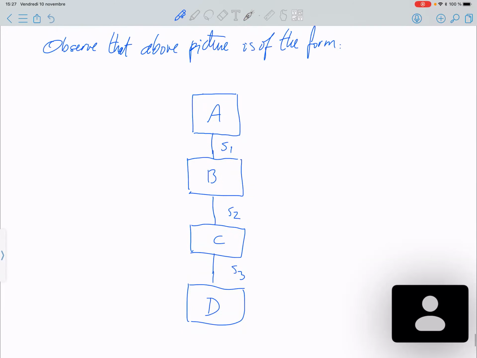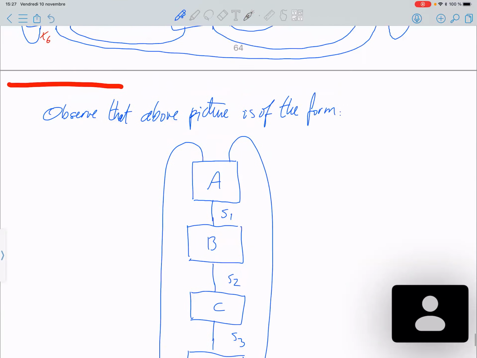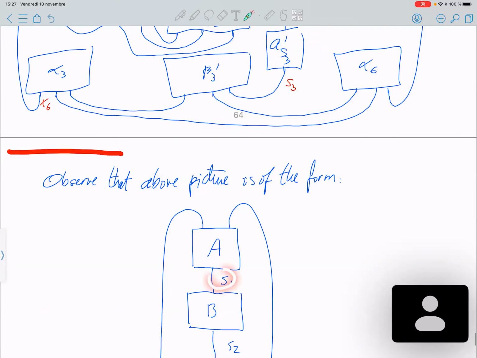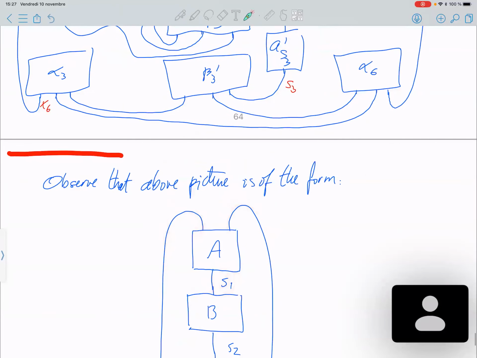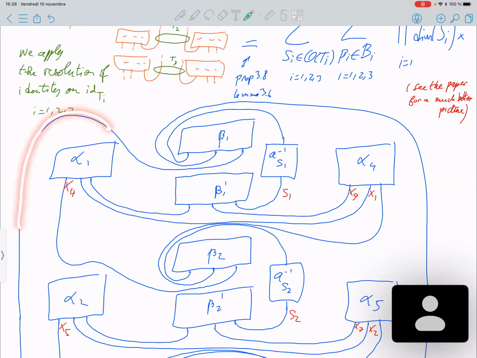I will explain for A, and you will understand similarly for B, C, D. And you have this trace, in some sense. So what is A? As I said, you have S1 here. And you have this S1, and then you have something like that. So A is everything which is in between S1 and these two co-evaluation maps. So these co-evaluation maps are this one and this one.